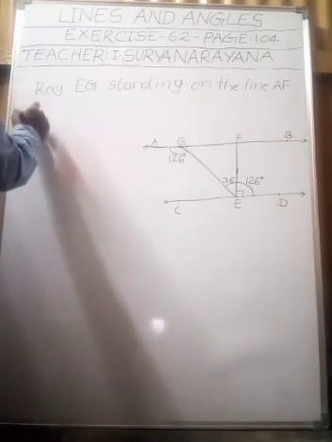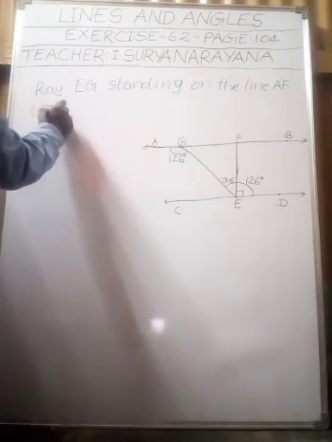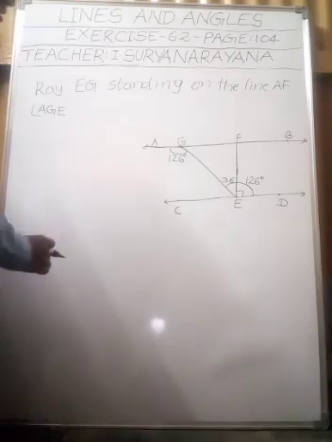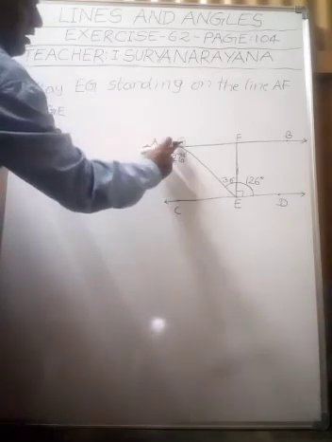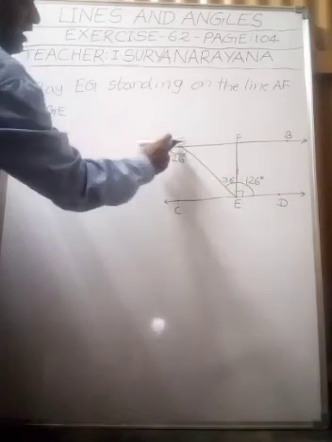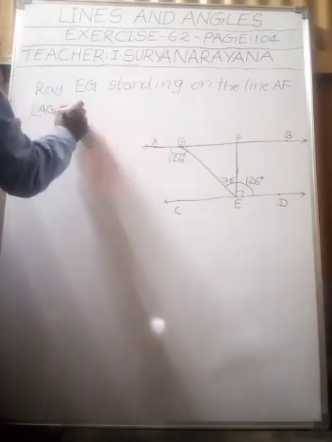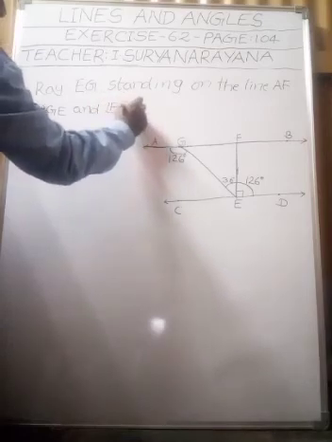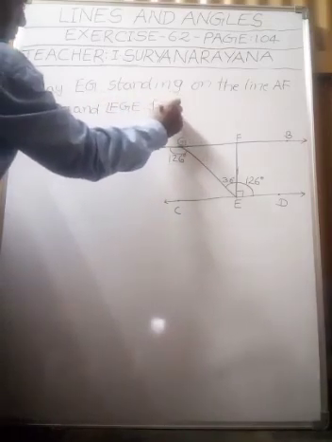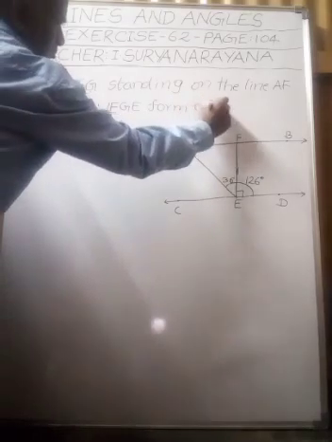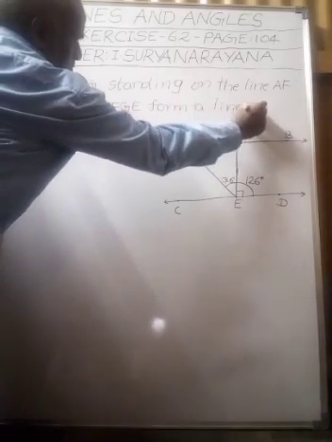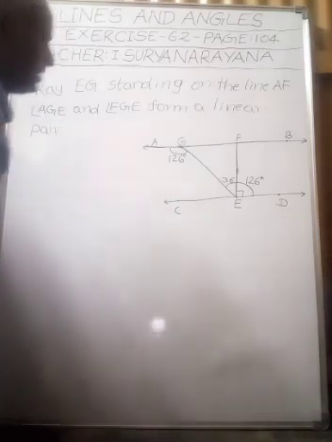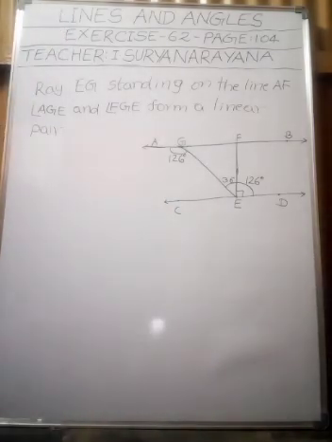Right. Angle AGE and angle EGF or angle FGE form a linear pair, isn't it or not, my dear children?